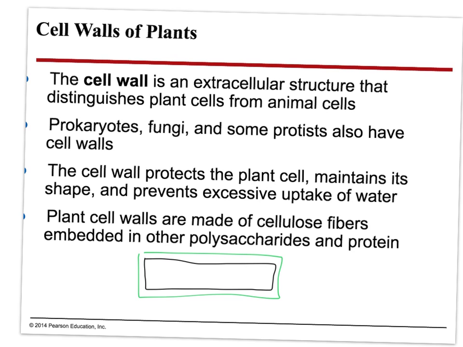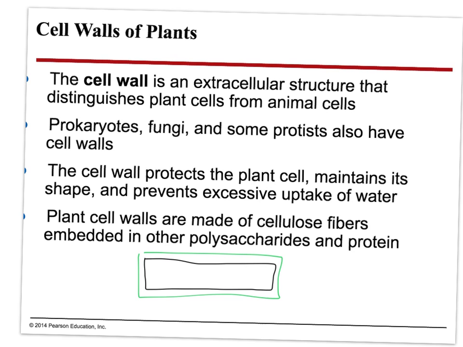Okay? If you put a plant in pure water, what should happen? All right, what's going to happen in terms of osmosis? More water on the outside, water's going to rush in. If you just had cells, what's going to happen? Those plant cells are going to burst. Why doesn't that happen in plants?